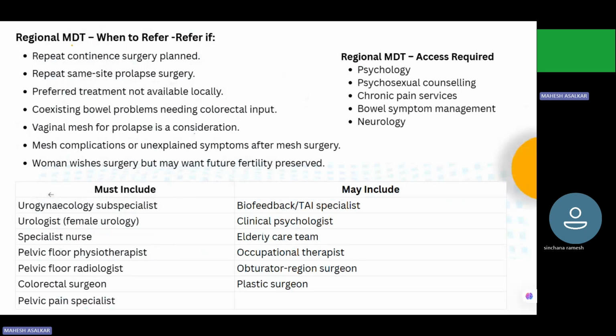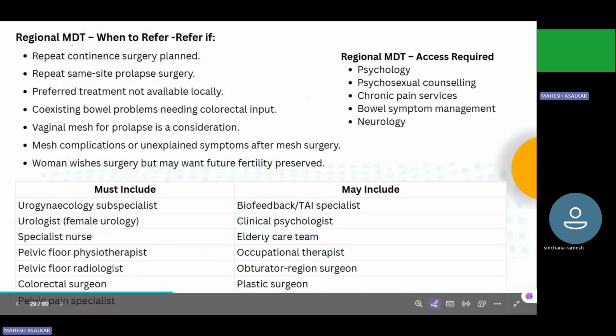Here you need to have a urogynecology subspecialist. That means the person may be a gynecologist with the subspecialty in urogynecology, then urologist. Two consultants, but here there is a urologist. Then specialist nurse, it was there in the local MDT also, and pelvic floor physiotherapist.